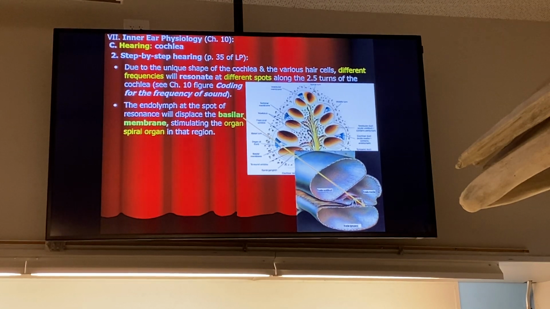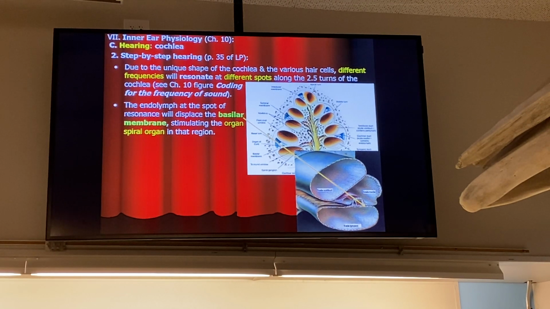At the point of resonance, it's violent. So violent that the thick basilar membrane actually gets lifted up. And this is what compresses the cilia up against the tectorial membrane.